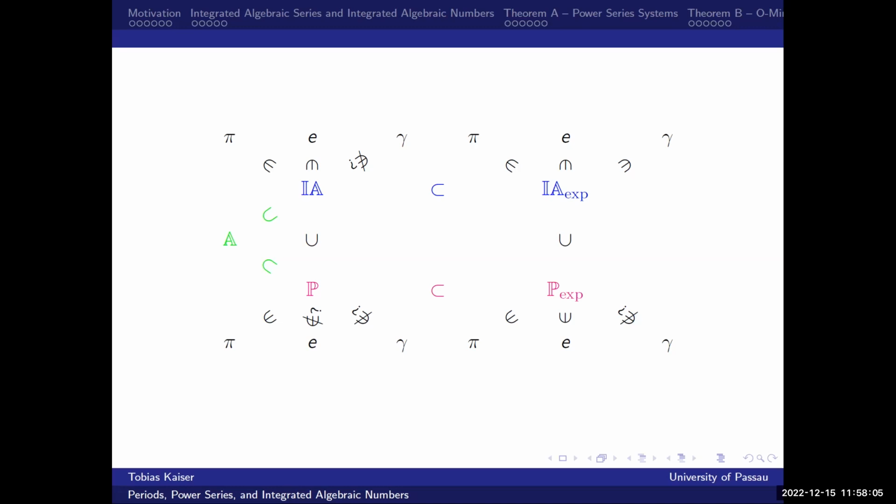So I will take the question. Because there should be some results that there are differential equations which cannot be expressed iteratively as antiderivatives.